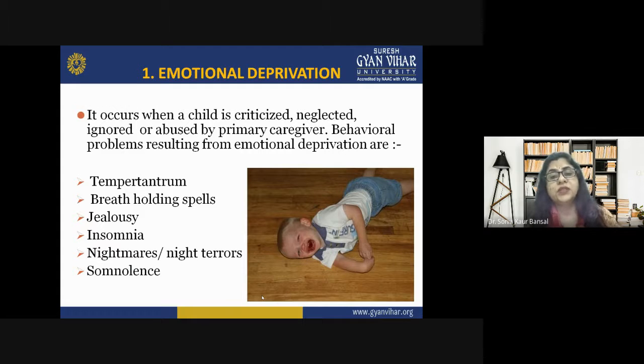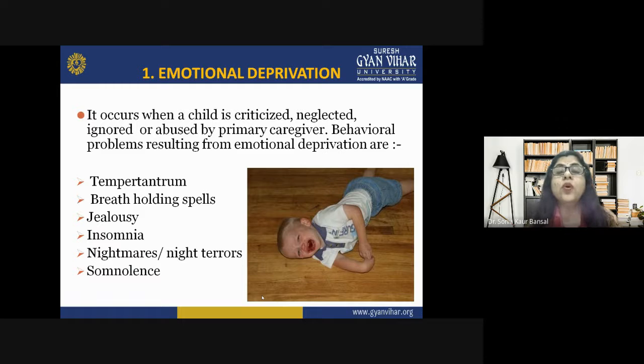Behavioral problems resulting from emotional deprivation are temper tantrums, because the child will seek attention from the people who are ignoring them. Temper tantrums are a common problem among children. Breath holding spells are also there.